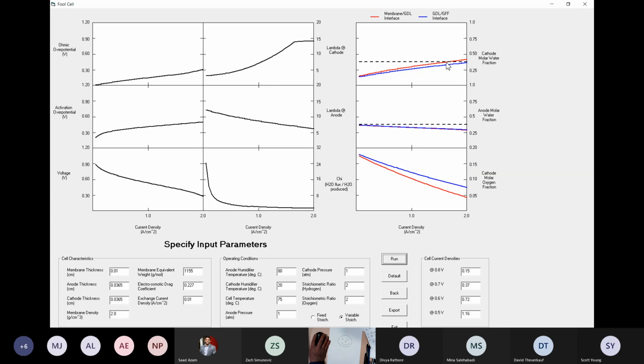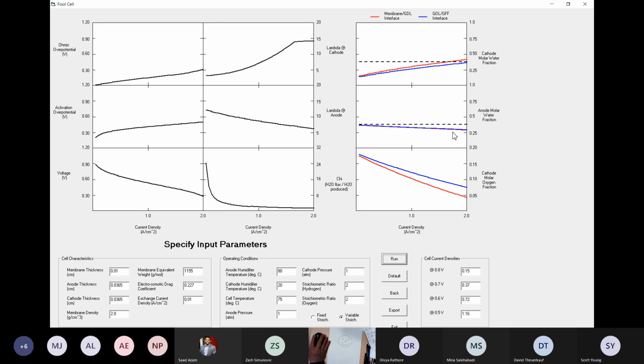So anytime either the red line or the blue line crosses the dashed line, you'll get condensation and hence flooding. And that's where the water to sulfonate ratio lambda just kinks over at 14. So this current density of about 1.6 amps per centimeter squared is where flooding begins, as indicated here.